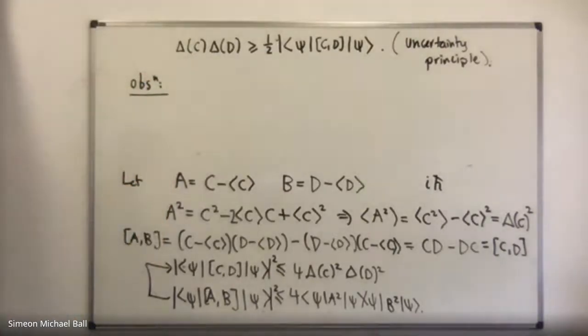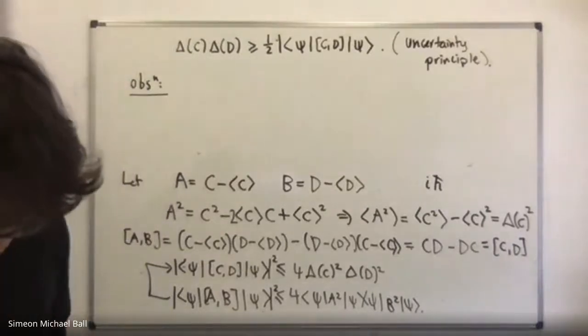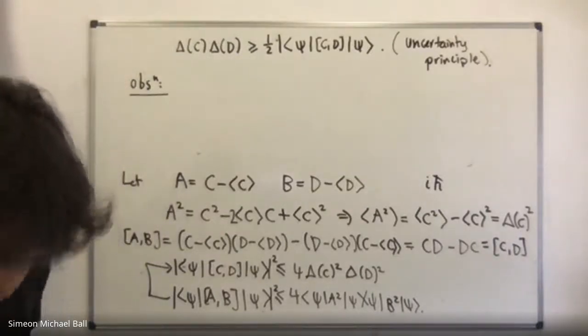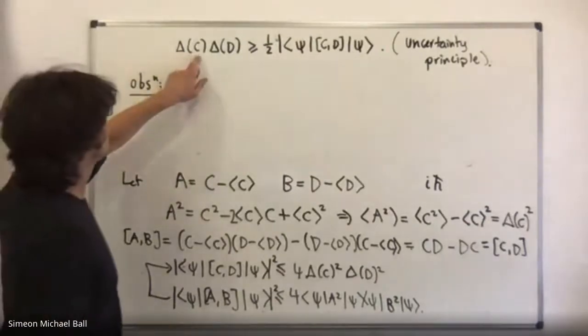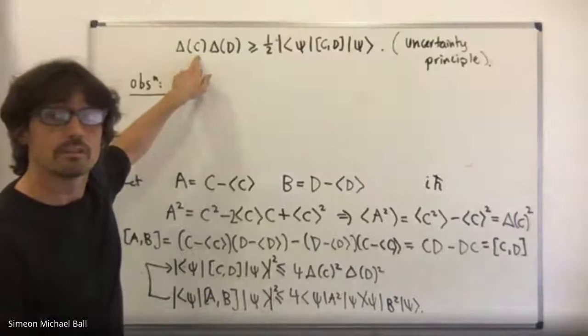What I wanted to do was try and prove this wrong. So I thought, well, what happens if we try and find some C and a state so that the standard deviation is in fact 0?